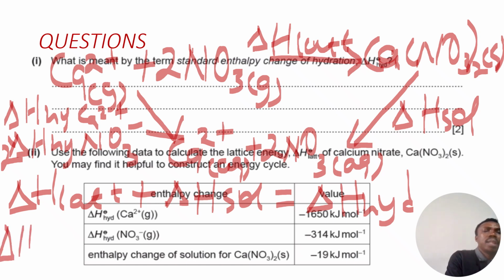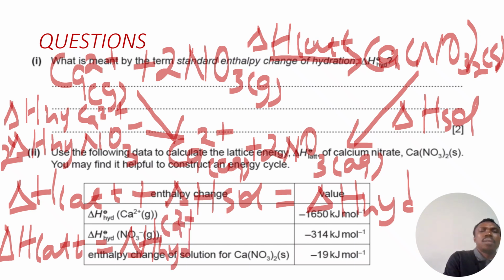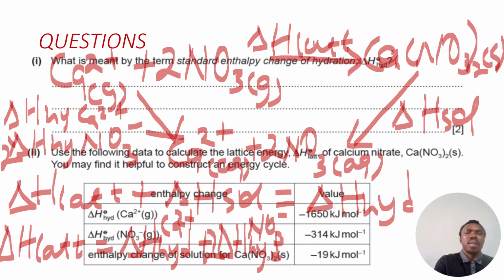So the lattice energy will equal the enthalpy change of hydration of calcium plus 2 times the enthalpy change of hydration of nitrate ion, minus the enthalpy change of solution.